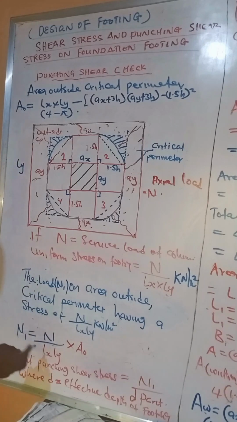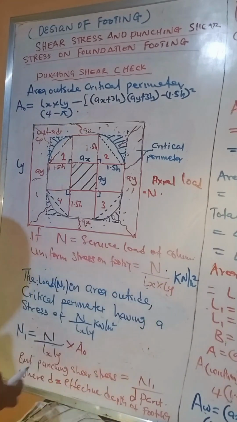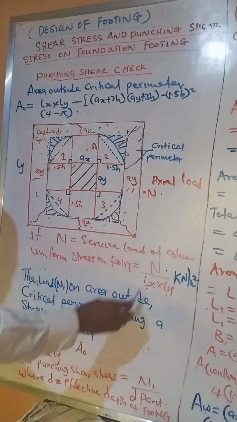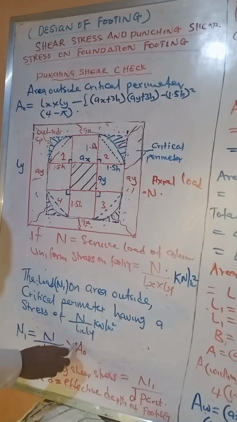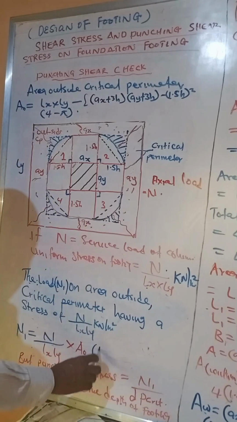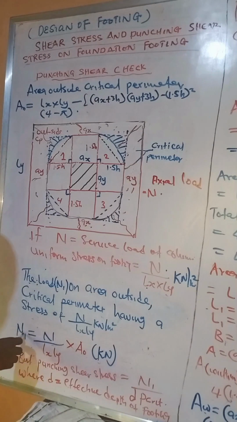So this stress times the area outside the critical perimeter will give us the load outside the critical perimeter. This one is measured in kilonewton. We'll call that load N1.